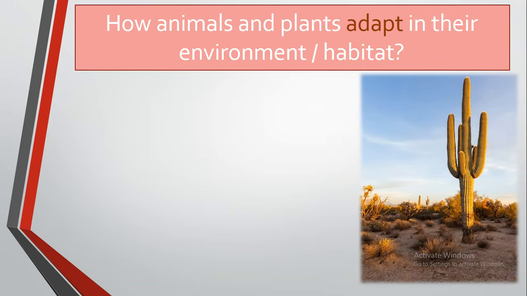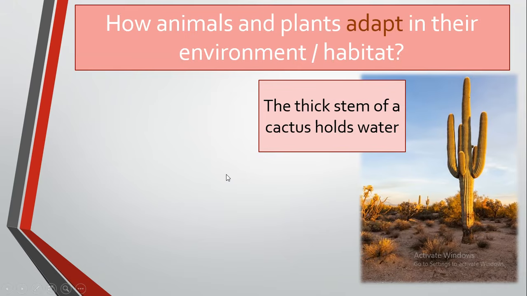Let's take examples. In the desert, for example, you can find plants like cactus, right? Now, the thick stem of a cactus holds water. The cactus has thick stems that hold water to help it live in the desert.